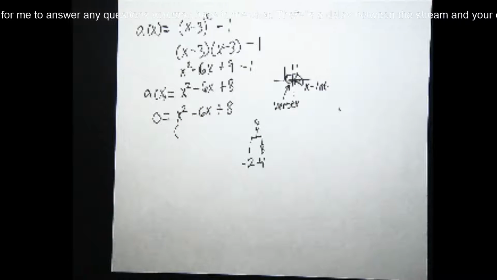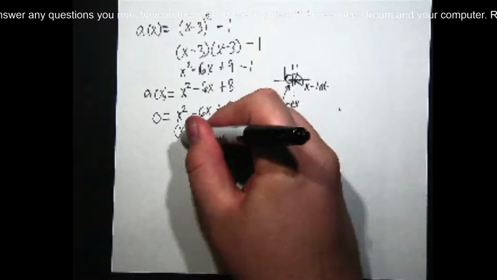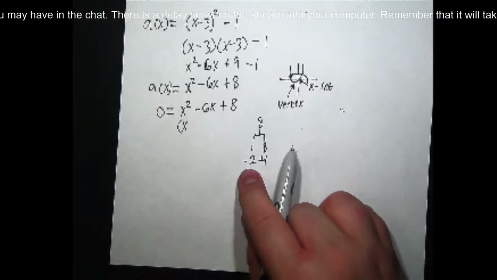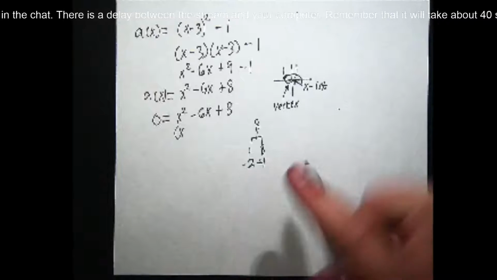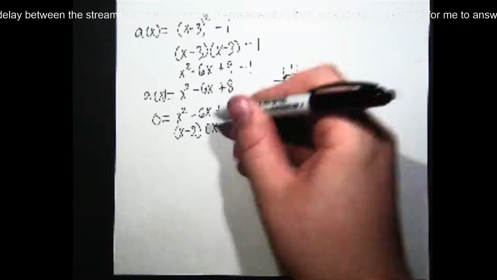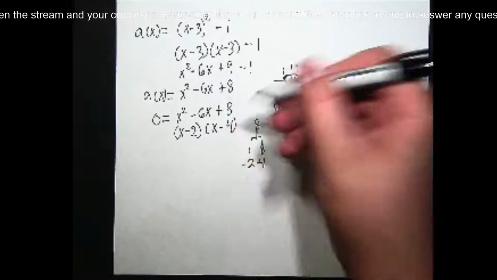So remember that says that we're going to have x as our variable, and then just add whatever number from this that we chose. So x minus 2, and then the other one would be x minus 4. And they're still equal to 0.